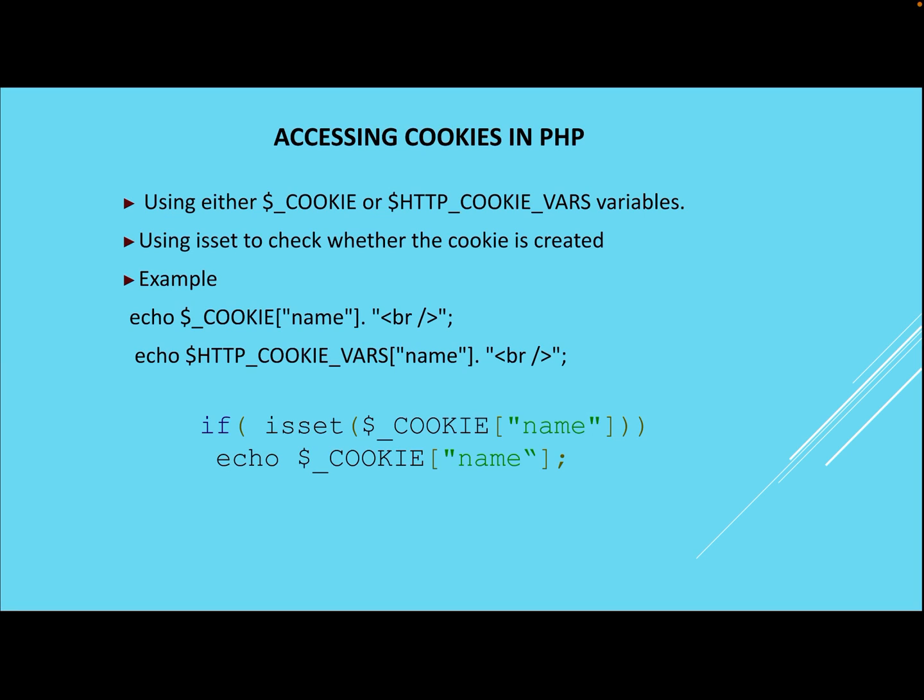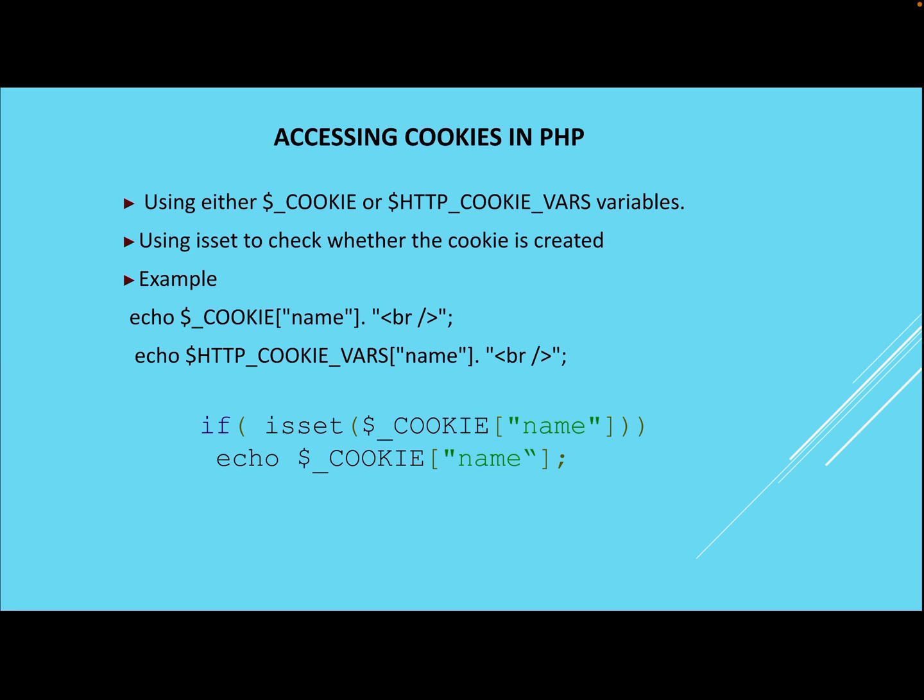Once a cookie has been created by the setcookie function, we can access the information or the data stored in the cookie using either the $_COOKIE variable or the HTTP_COOKIE_VARS variable. So these two variables are associated with the cookies in PHP.